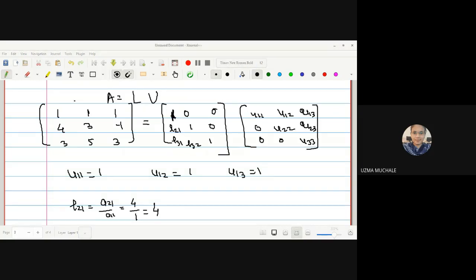Next, you can get the value of L31. The formula for L31 is A31 divided by A11. What is A31? Third row, first column, 3, divided by A11 which is 1. So we get L31 is 3.